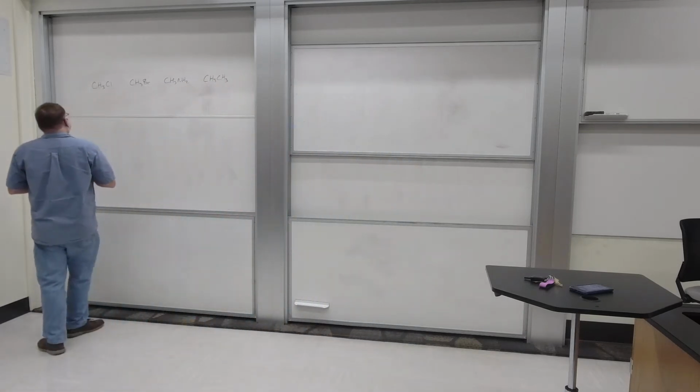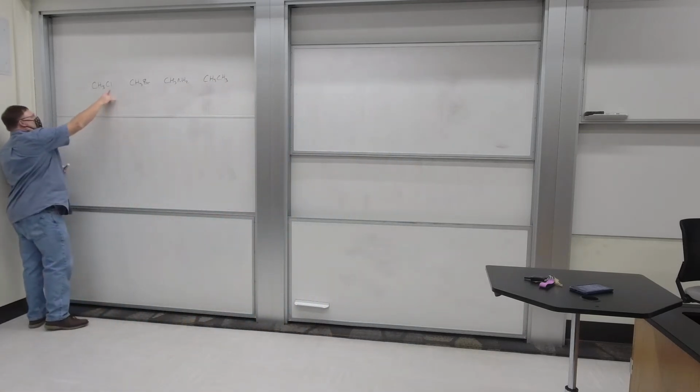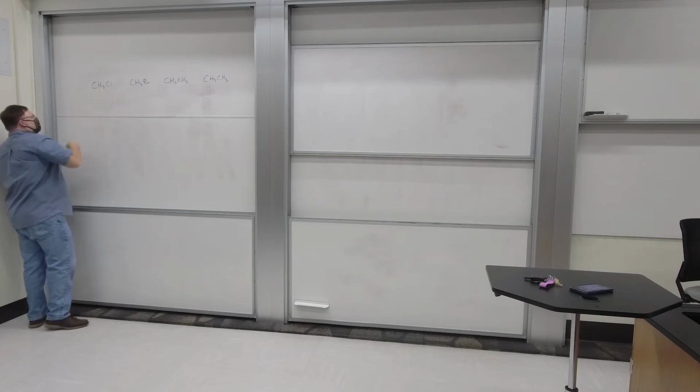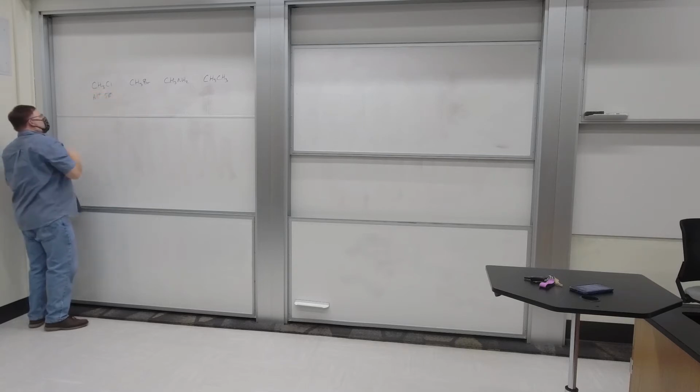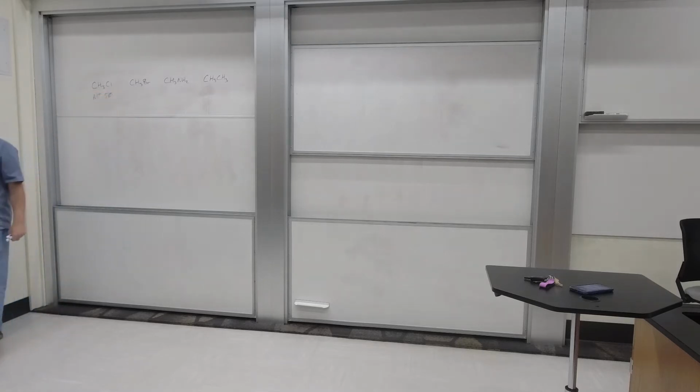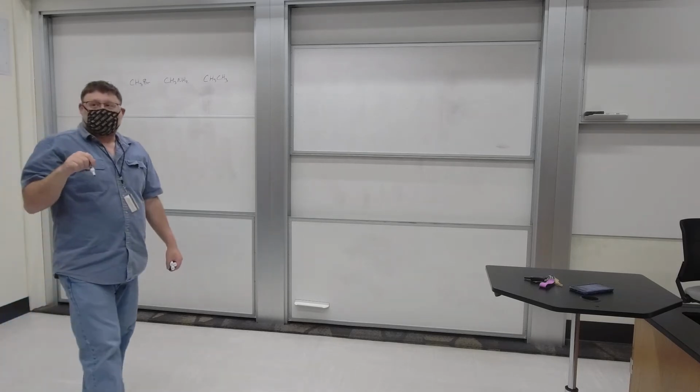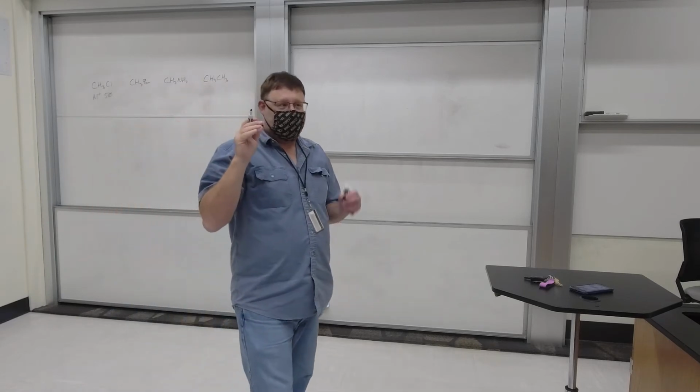If we look at this, so 35 and 15. So the M plus here is 50. The important thing to remember about a mass spec is you're looking at only one molecule at a time.